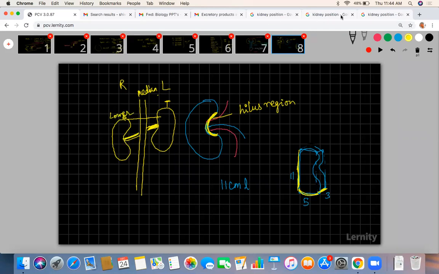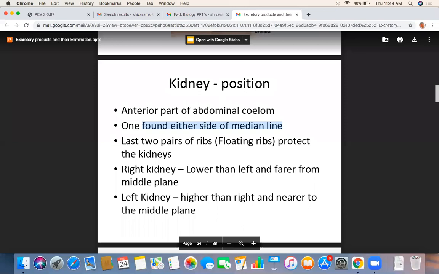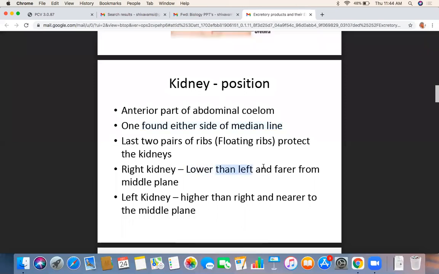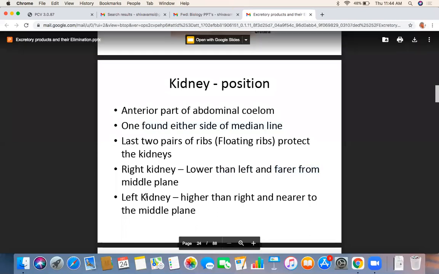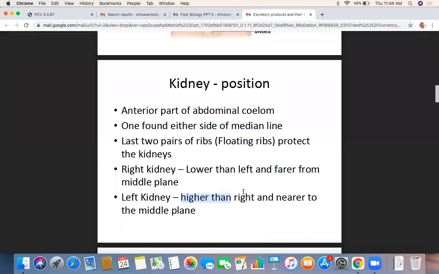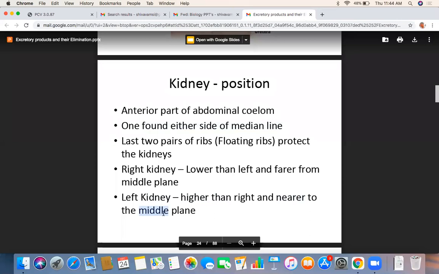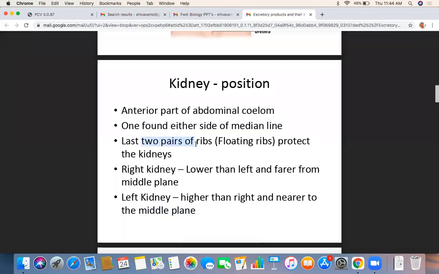Are we able to understand? So the right kidney is lower than the left and farther from the middle plane. The left kidney will be higher than the right and nearer to the middle plane. The last two pairs of ribs protect the kidneys.